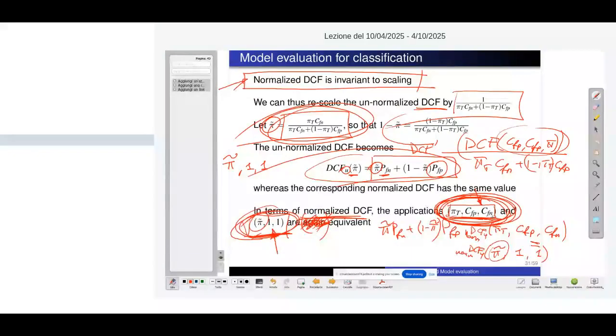So actually there is only one really free parameter, the effective prior. We can always reparameterize a binary application in terms of an effective prior that condenses the application prior and the cost of the errors and behaves as if this was the actual prior of the application and the cost of the errors was the same.